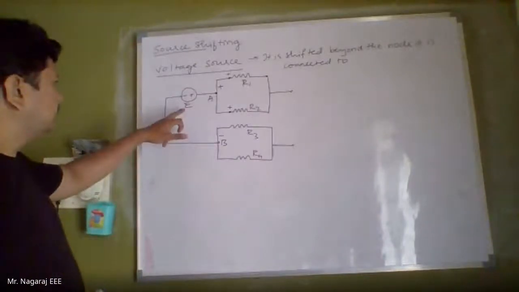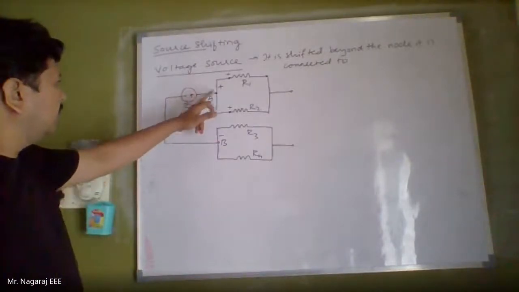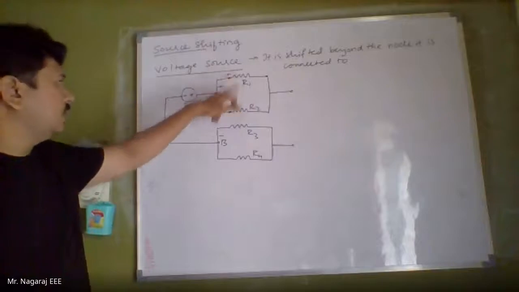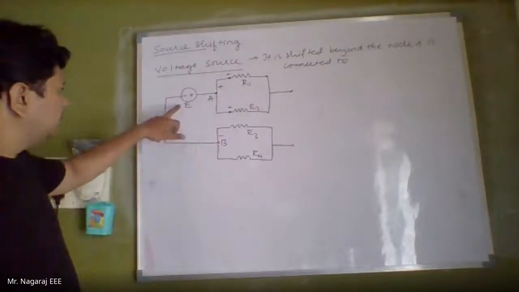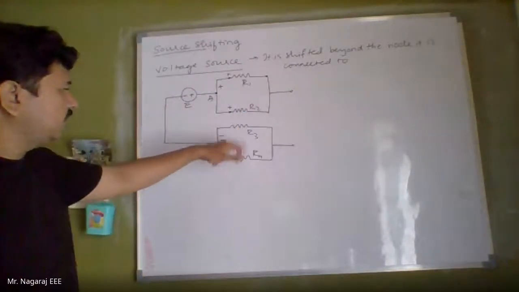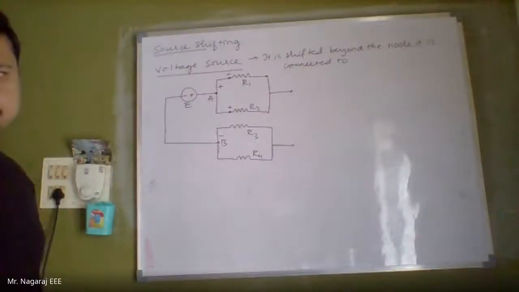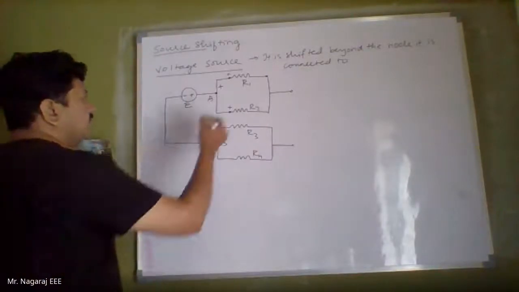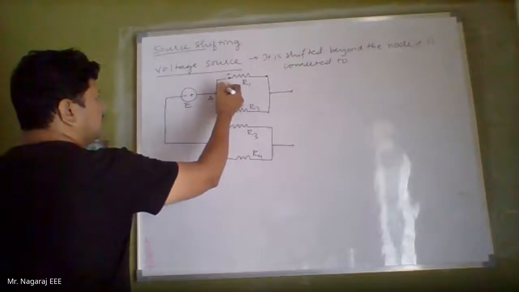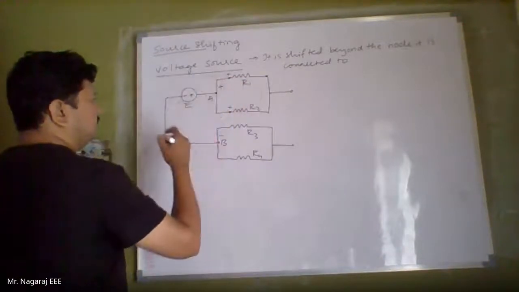I can shift this voltage source beyond node A to R1 and R2. I can shift this voltage source beyond node B to R3 and R4. Now observe, R1 is at positive potential with a terminal connected to node A.